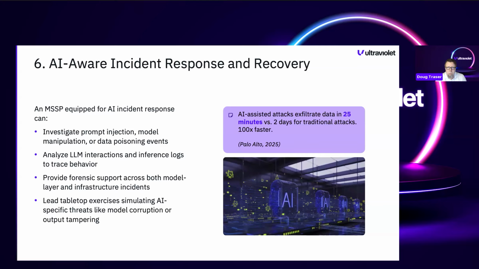And we have a cool blurb here from Palo Alto. With AI-assisted attacks, exfiltration is 25 minutes versus 2 days in traditional attacks, 100 times faster. I suspect that as we continue down the path of AI adoption and proliferation of AI services across many verticals, the time to exfiltration and time to compromise is going to shrink.